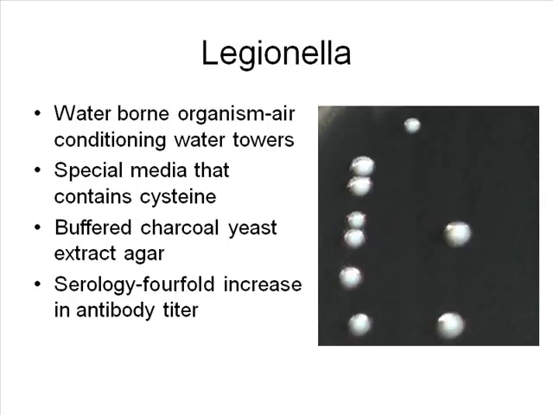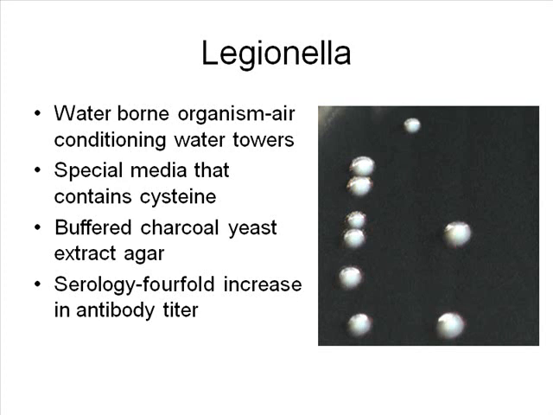Legionnaires or Legionella. Legionella pneumophila is the cause of Legionnaires' disease as we know it, and was first identified. It is a waterborne organism that you'll see in water, air conditioning towers.